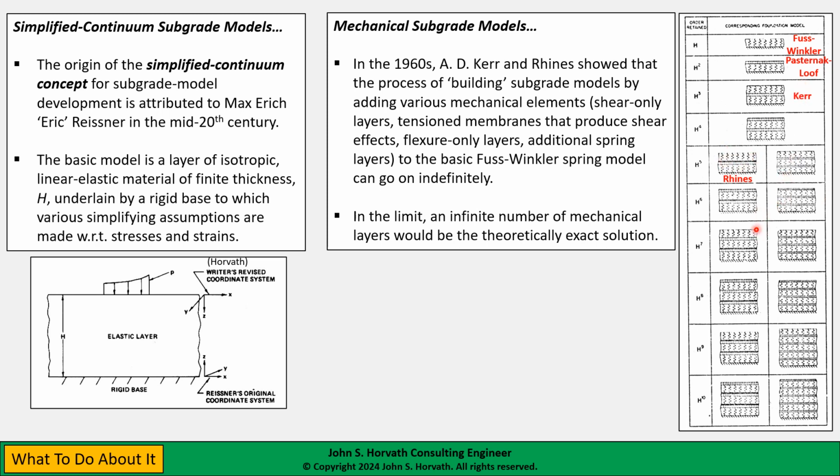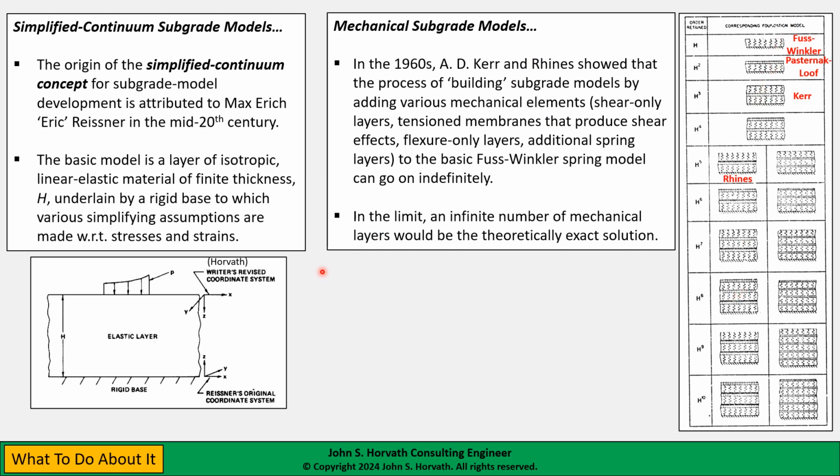We see that at some point the solutions become non-unique, meaning that different combinations of mechanical elements produce the same effect. So essentially what I'm saying is that with these two approaches, in the simplified continuum approach we start exact and then we make things simpler. In the mechanical approach, we start simpler and make things more complex.